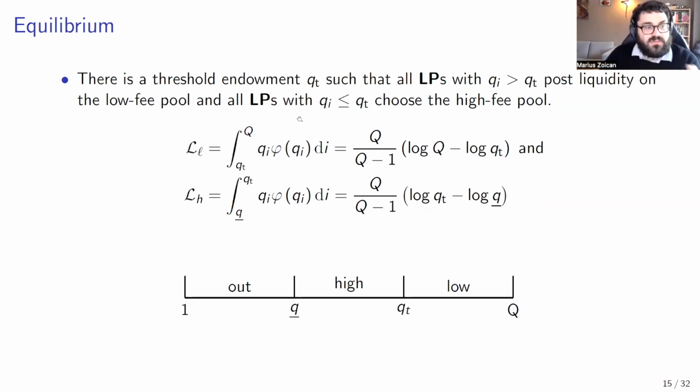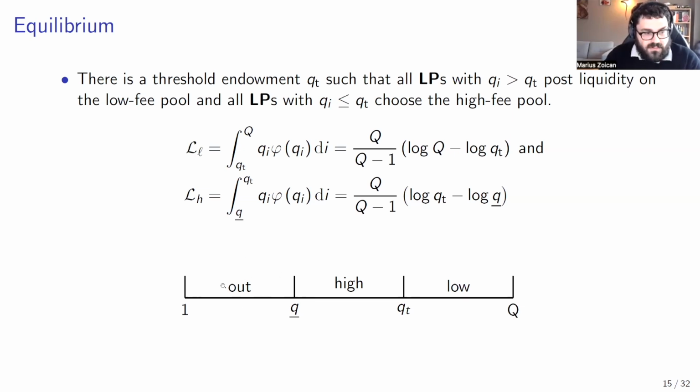All the liquidity providers with an endowment below the threshold say, I don't want to rebalance that often, so they go to the high fee pool and accept lower priority. We don't have a closed form solution, but we can characterize the threshold in a number of ways. We can solve for the equilibrium liquidity on the low fee pool and the high fee pool, which is basically the aggregate endowment of everybody above the threshold Q, or below.